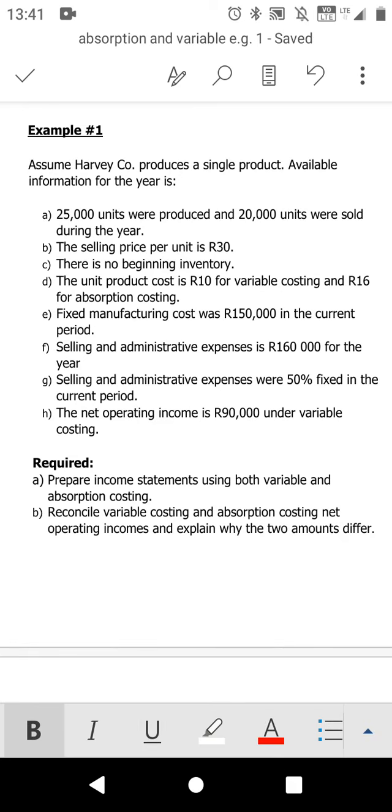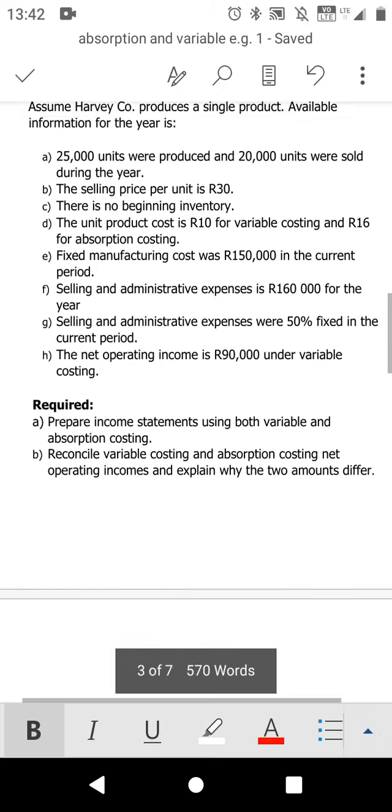Okay, and number E, fixed manufacturing cost. Of course, this one is manufacturing cost. Okay, then the selling and administrative expenses were 50% fixed in the current period. So this will be affected by the variable. Okay, let's proceed.